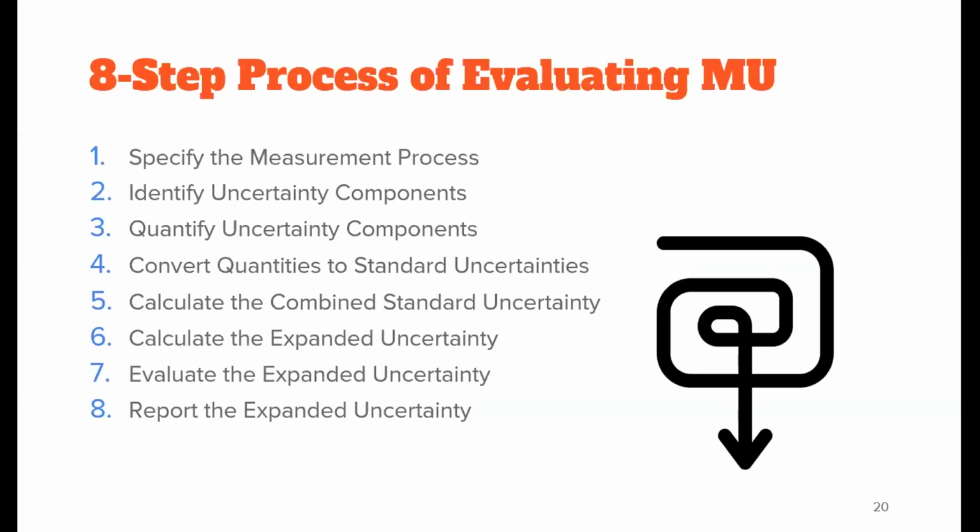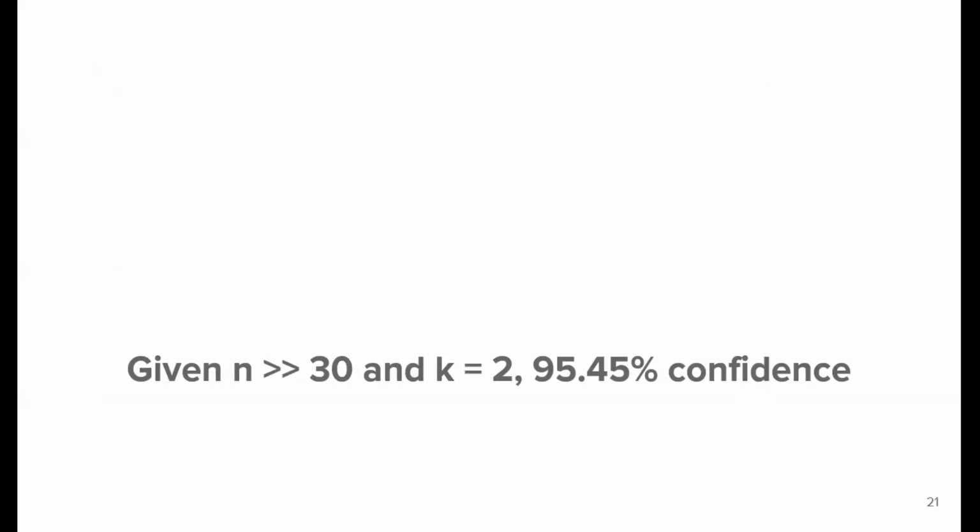So to land this particular example, this brief and really quick example, we're going to take a little creative liberty and shortcut to the end of this 8-step process. So we identified the uncertainty component of this type A QC data, right? We quantified it and turned it into a relative standard deviation to include it. And we're going to just say, hey, we know, you saw from that table, there's way more than 30 data points.